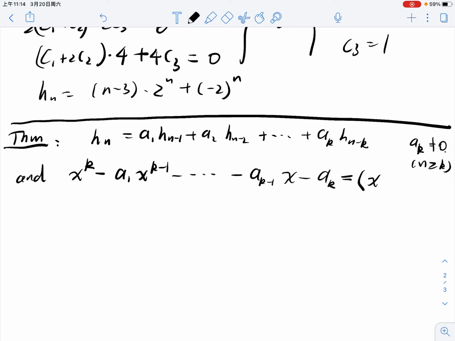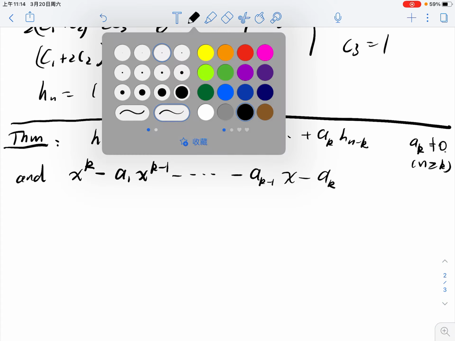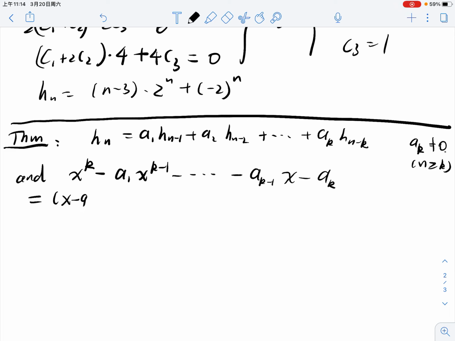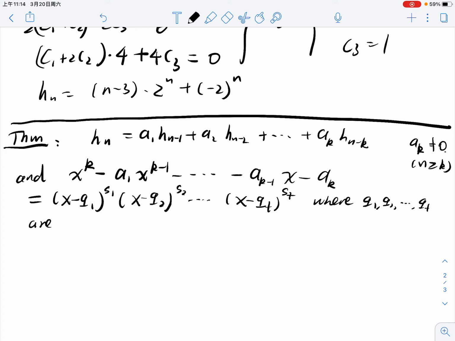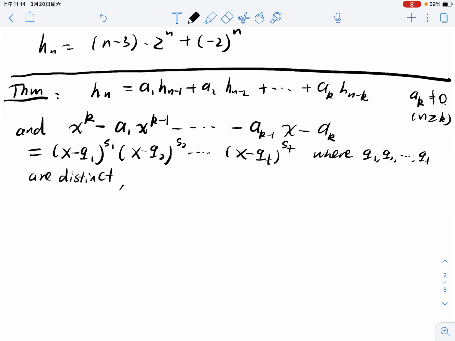Suppose it has the factorization (x minus q1) to the s1, (x minus q2) to the s2, all the way to (x minus qt) to the st, where q1, q2, to qt are distinct, and s1, s2, to st are positive integers.